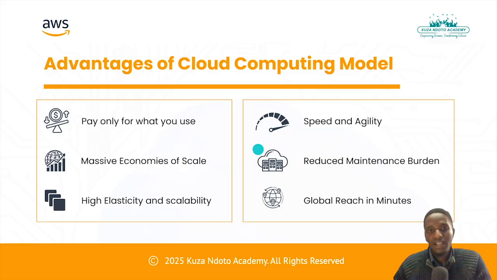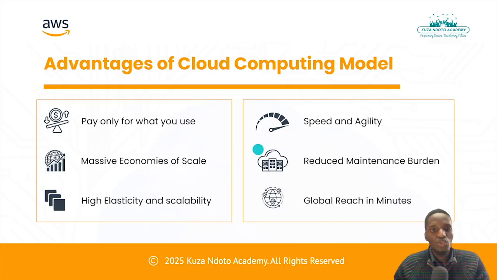Another huge perk is that there are no more maintenance headaches. You don't have to worry about cooling systems, failed hard drives, or patching machines. All the heavy lifting, including power, security, and hardware replacements, is handled by the cloud provider. You only focus on building your product. Finally, the global reach, right?